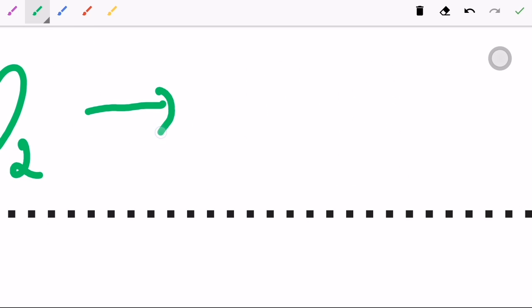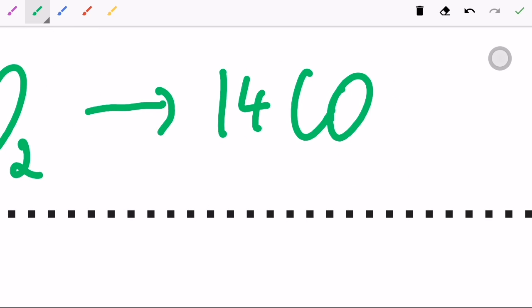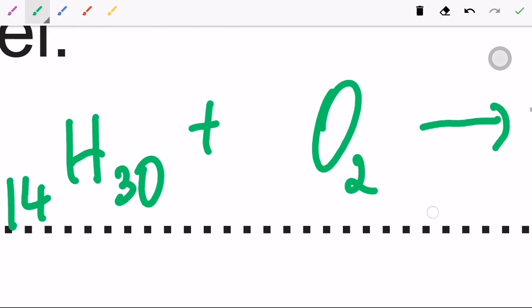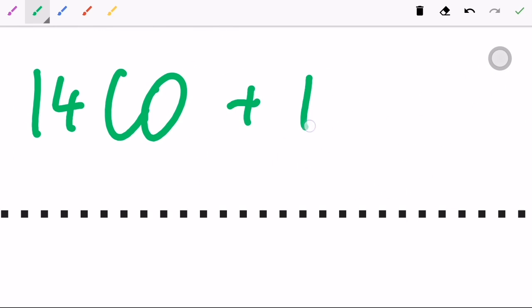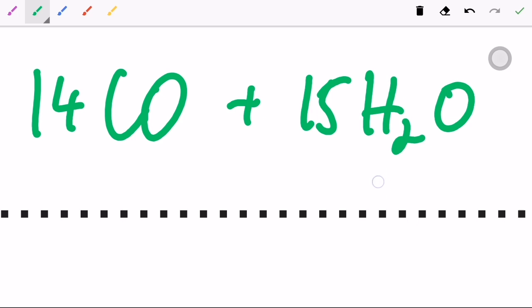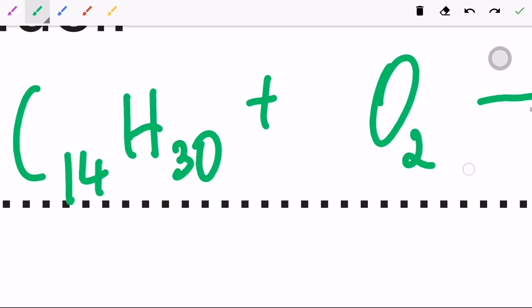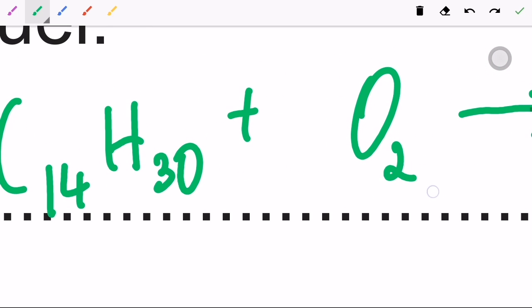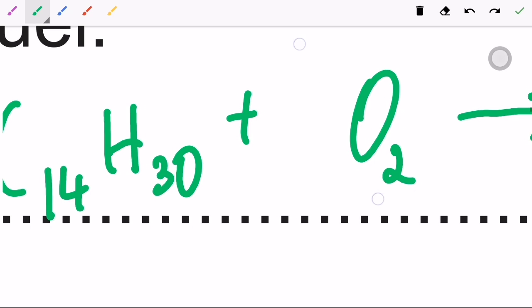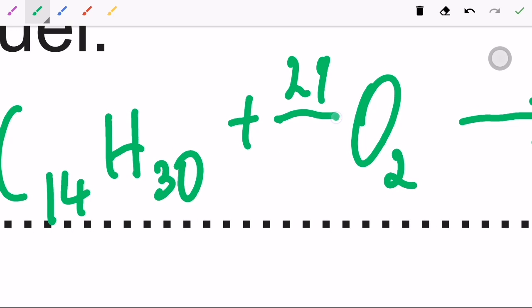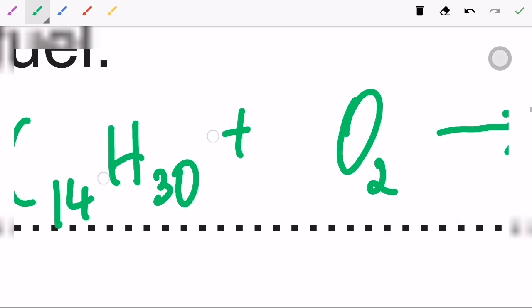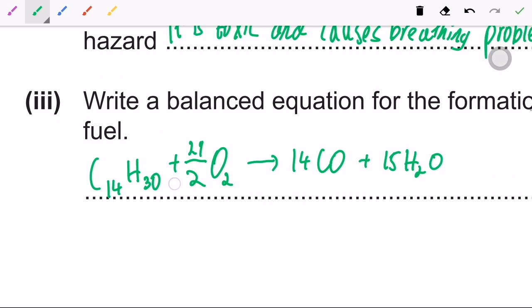So first I'll have 14CO, not CO2, and then 15H2O. I have 15 here and 14 here, which adds up to 29. So I just put 29 over 2 here. I can either put 29 over 2 or multiply everything else by 2. I find this helpful.